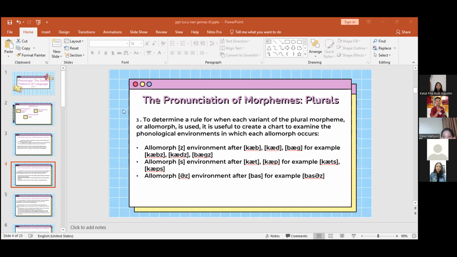Allomorph Z, environment: after cape, cats, bags, for example, capes, bags. Allomorph S, environment: after cat, caps, for example, cats, caps. Allomorph iz, environment: after bus, for example, buses.